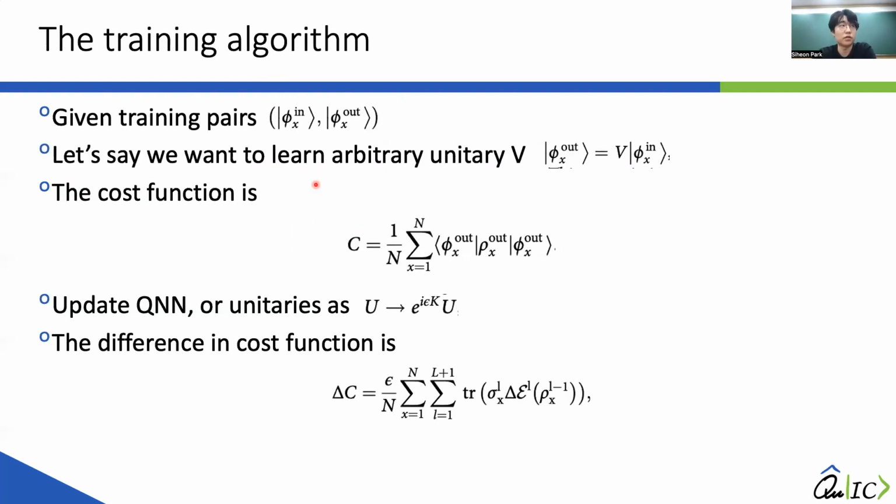Okay, so the training algorithm. In general supervised machine learning, we have just input and output. And what we are going to do is to learn an arbitrary unitary V, which transforms input to the correct output. So naturally, the cost function would be the quantum version of the risk function, right?